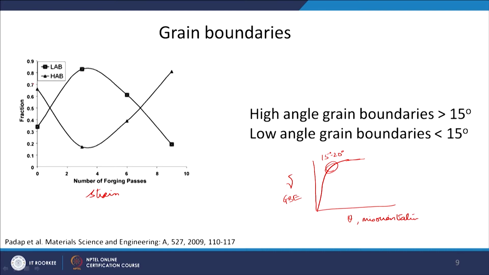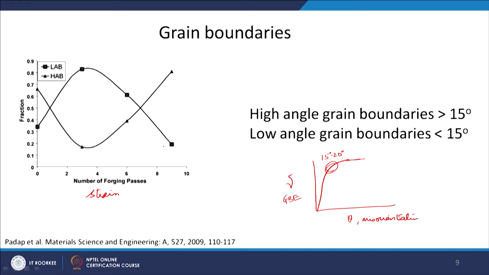And of course, if the LAGB or low angle grain boundary fraction is increasing, then the high angle grain boundary fraction has to come down. As you increase more strain, you can see that the low angle grain boundary percentage is coming down. Now it is 0.6 after another amount of strain, then it goes even below the initial microstructure, to somewhere around 0.15.